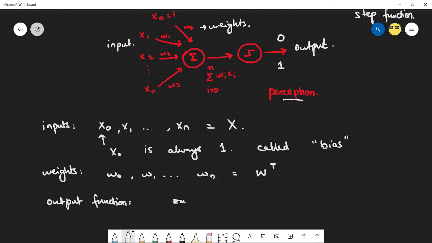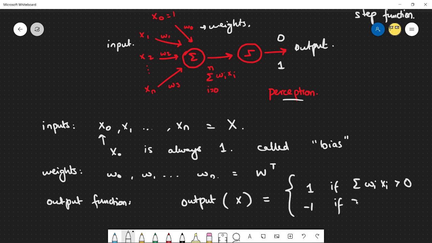And what I'll do is the output of some inputs is 1 if the summation of all weights and my inputs, with i equals 0 to n, is greater than 0, and then -1 if the dot product between my weights and my data points is less than 0.